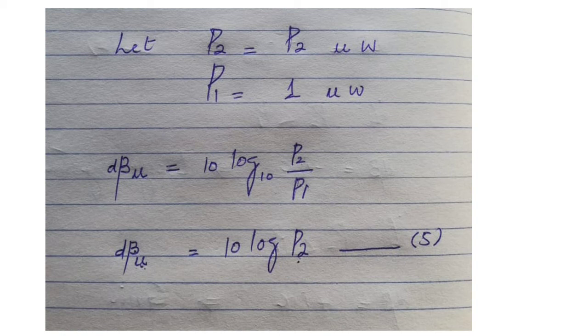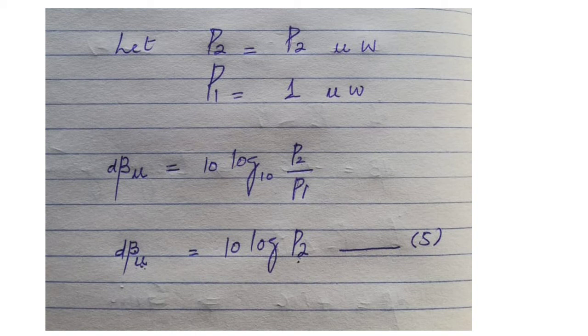So definitely, if you want to calculate the decibel value of P2 with reference to 1 microwatt, you will have to take 1 microwatt as the value of P1. So let P2 be P2 microwatt and P1 be equal to 1 microwatt.